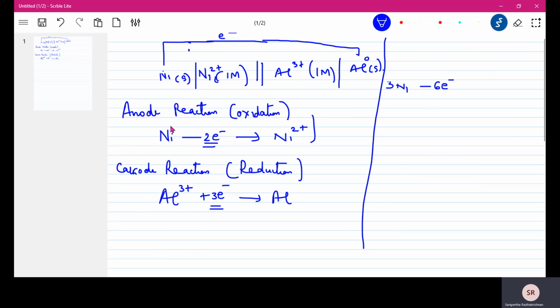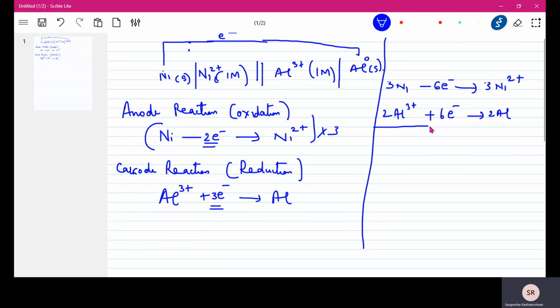I multiplied this equation by 3. Similarly, I will multiply this by 2. So I will get 2 Al3 plus 6 electrons giving me 2 Al.